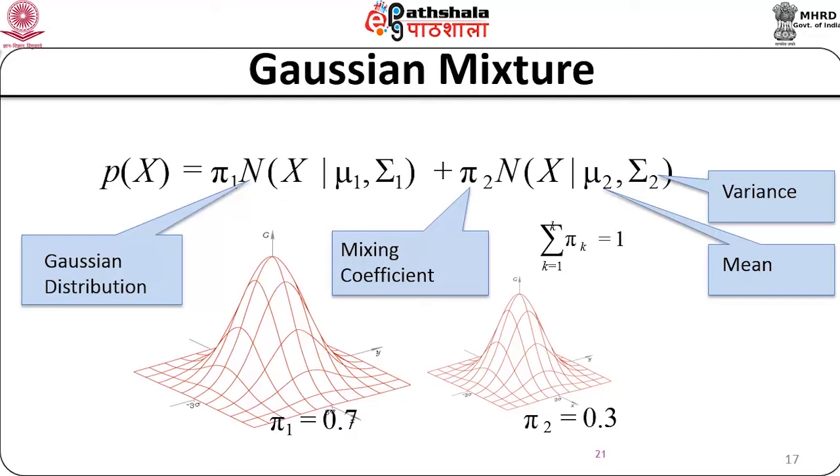The total of the mixing coefficients should be equal to 1. So, what are we doing here? This Gaussian mixture is a very important concept used in complicated problems, but it is very simple to understand. We are taking a value x and saying that x can come from either the first Gaussian distribution or the second Gaussian distribution in this mixing ratio.